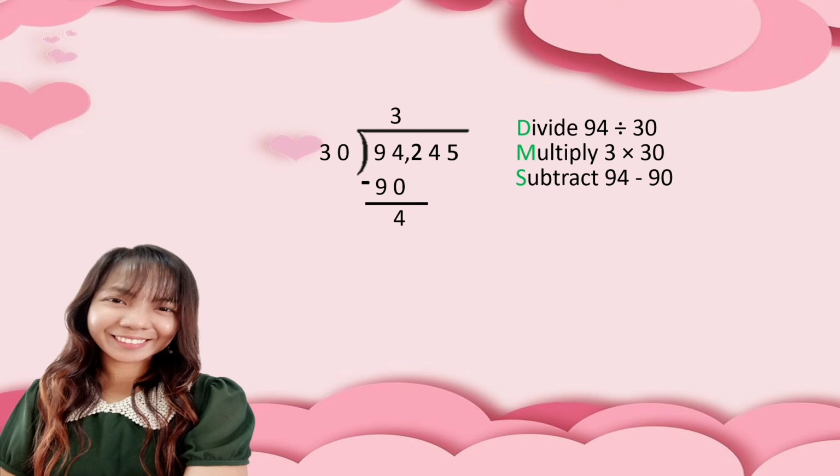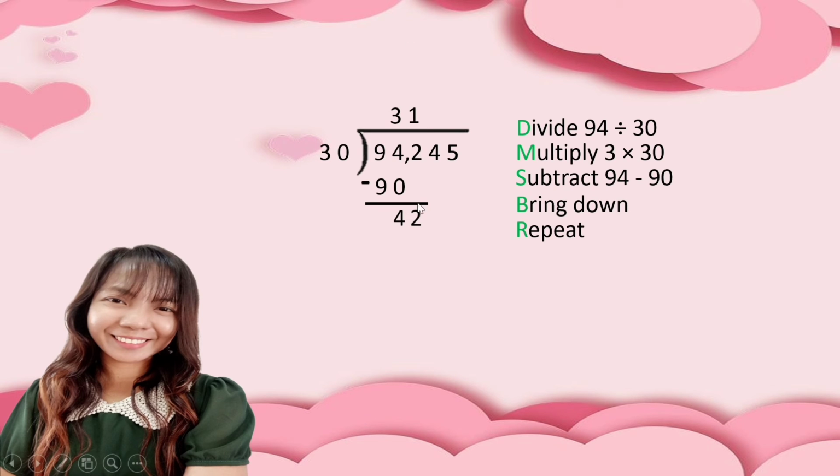So again, you don't need to write the number 0. And then, next step, brother, bring down. Okay, bring down 2. And then, repeat the process. Rover, repeat the process. Okay, so 42 divided by 30. And there's only 1 thirty in 42, right? Okay, so the answer is 1.